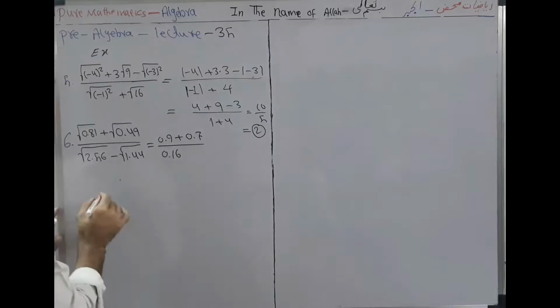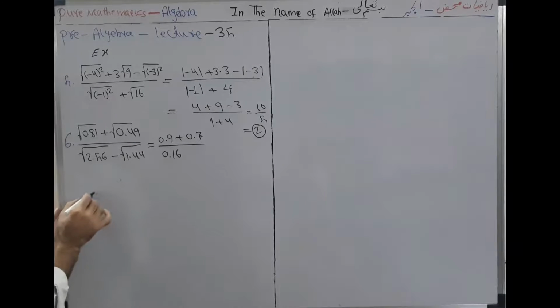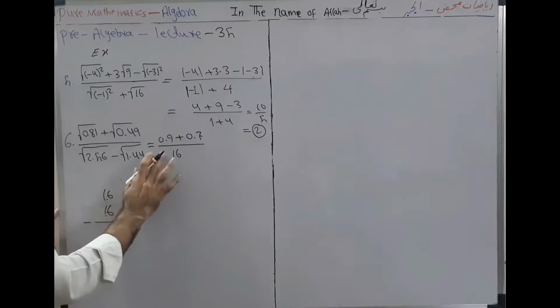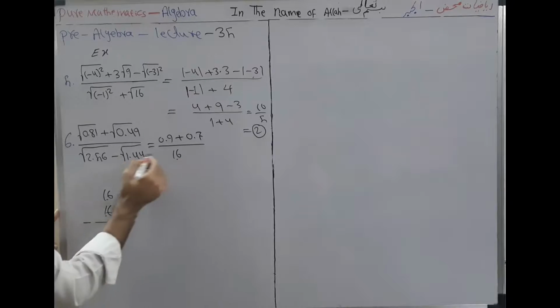If we multiply 0.16 by 0.16, it should be equal to 2.56. Here also 1.6 minus 1.2.